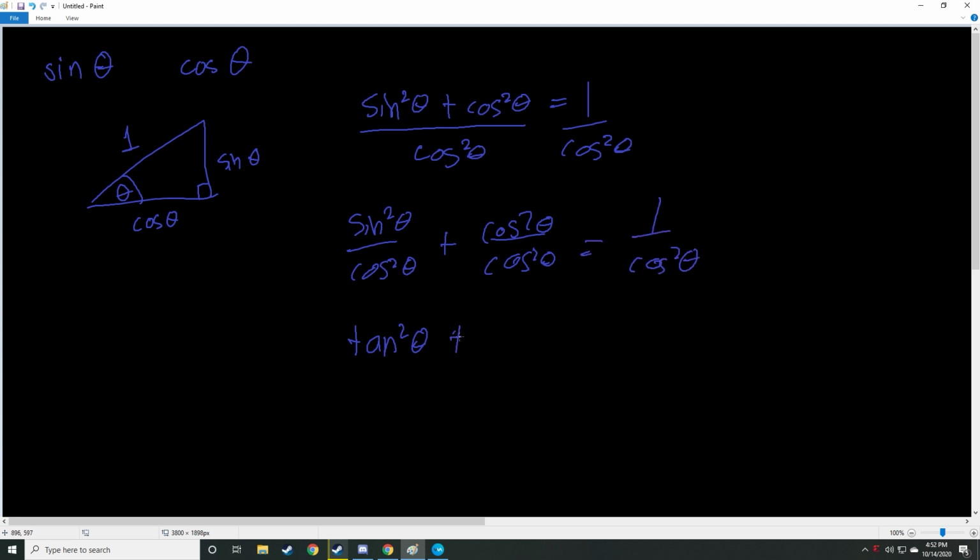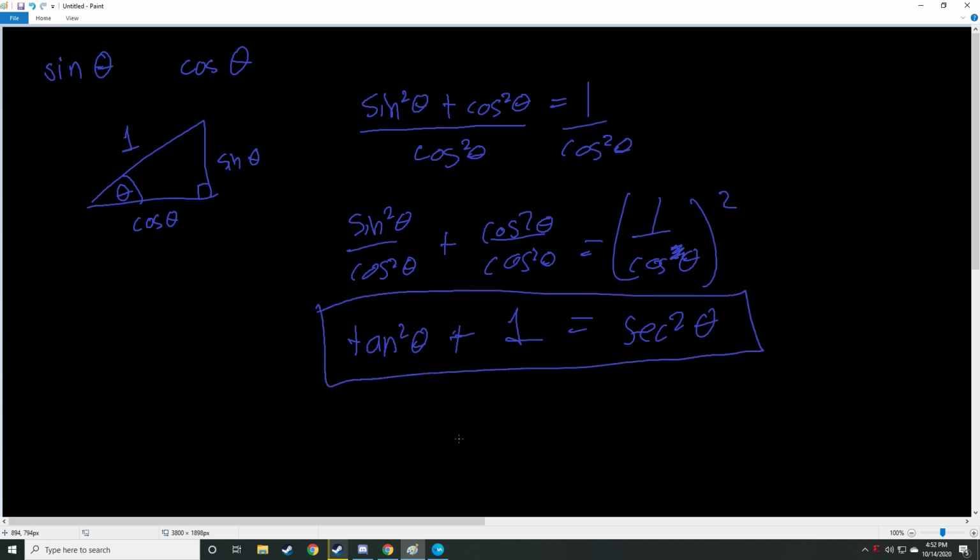So tangent squared theta plus 1 is equal to 1 over cosine of theta, which is secant of theta, squared. So it's going to be secant squared of theta. Okay, there's our other Pythagorean identity: tangent squared theta plus 1 is equal to secant squared theta.